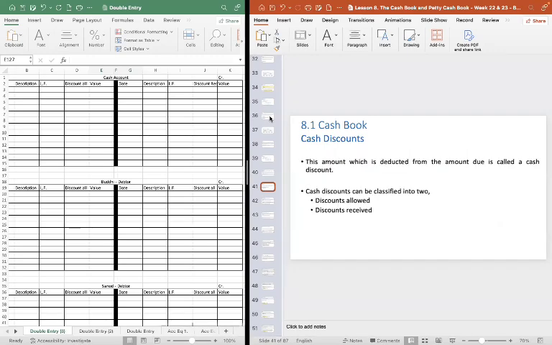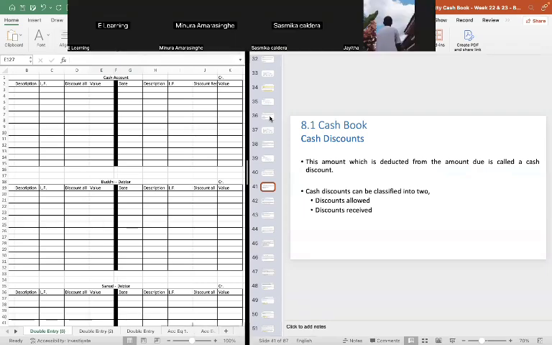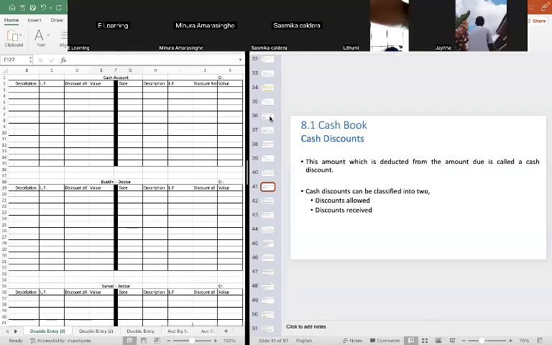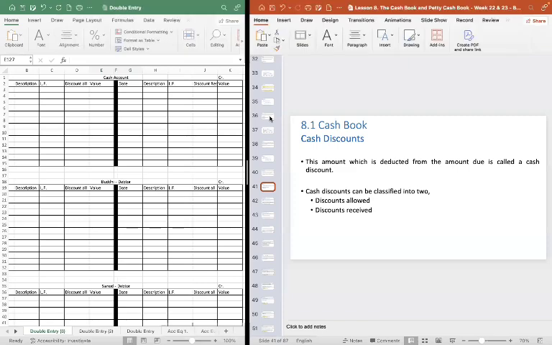Now, when it comes to cash discounts, unlike trade discount, we have to account for cash discount. In cash discounts, we have two things: discounts allowed and discounts received. From the seller's perspective, when they give the discount, that is discounts allowed.